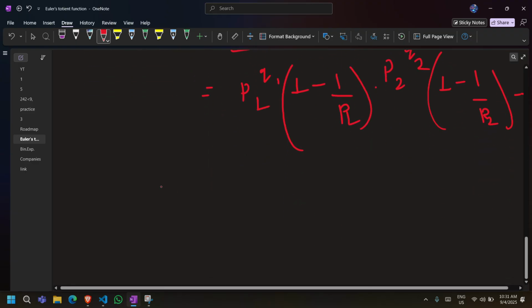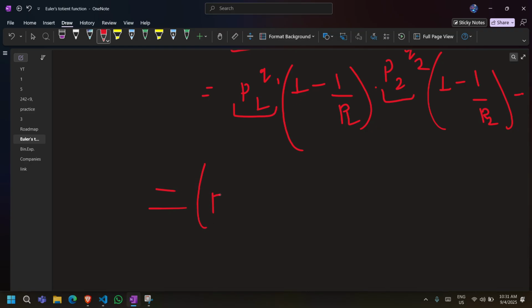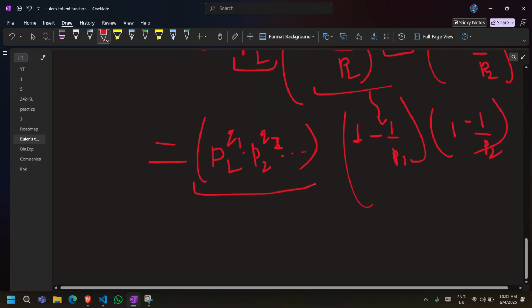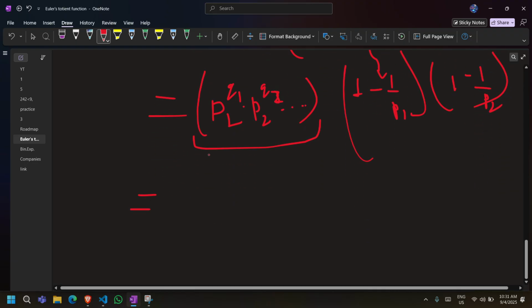Right? Now take out all these and combine: p1 raised to power q1 into p2 raised to power q2 into p3 raised to power q3 and so on. And then here 1 minus 1 upon p1, 1 minus 1 upon p2. Now you see that this number is basically n, the prime factorization of n.